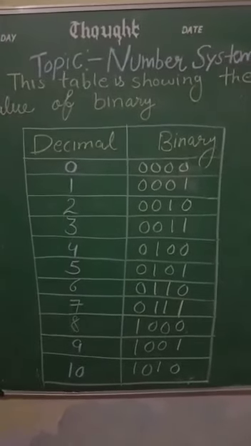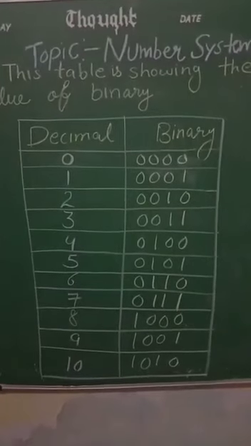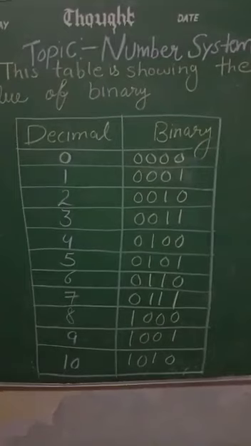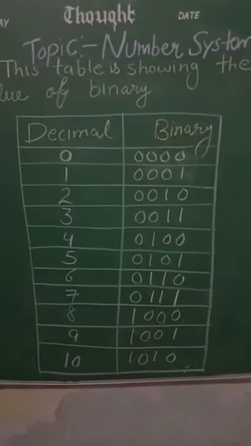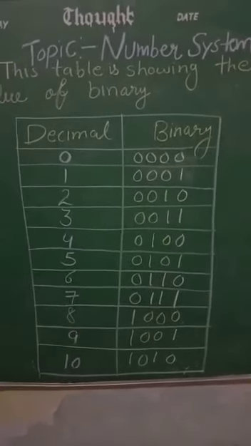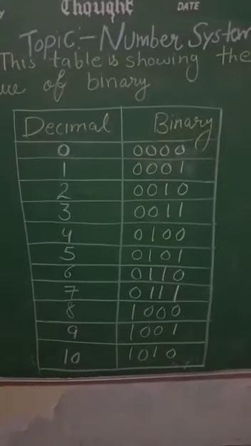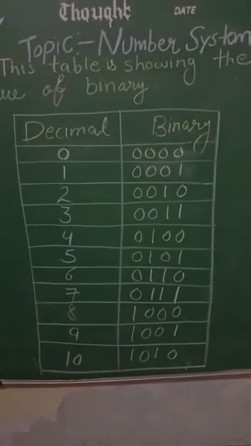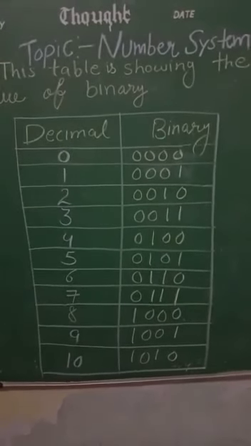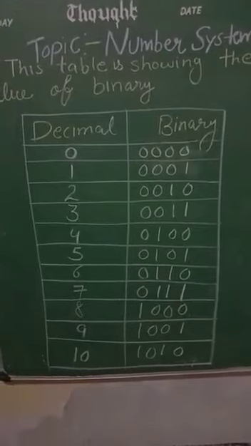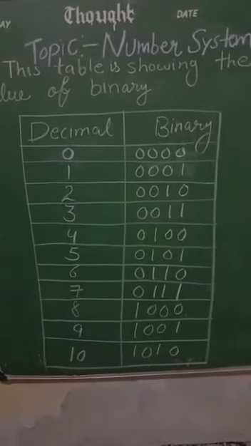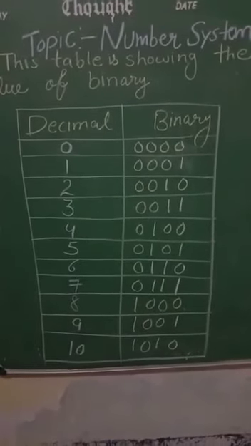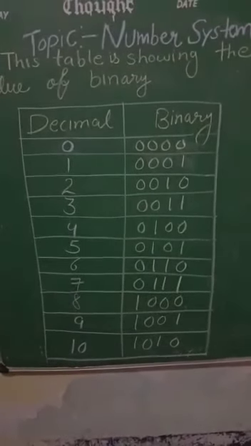These are decimal numbers, and converted to binary the codes are: 0 is 0000, 1 is 0001, 2 is 0010, 3 is 0011, 4 is 0100, 5 is 0101, 6 is 0110, 7 is 0111, 8 is 1000, 9 is 1001, and 10 is 1010.